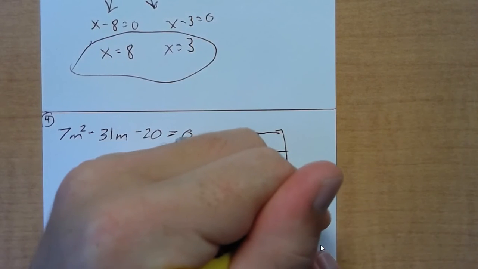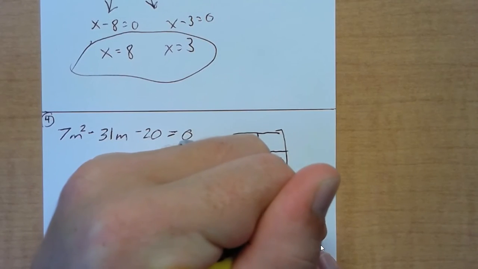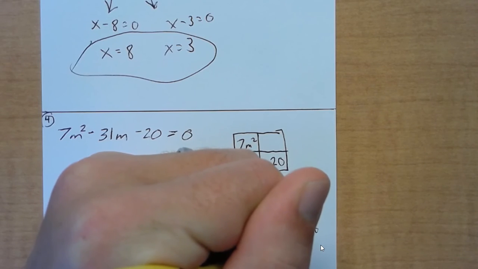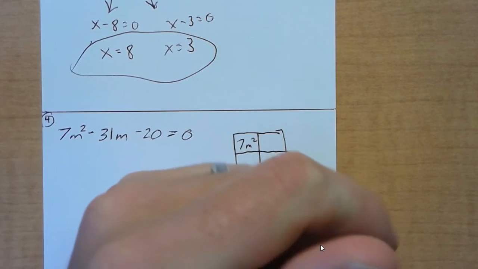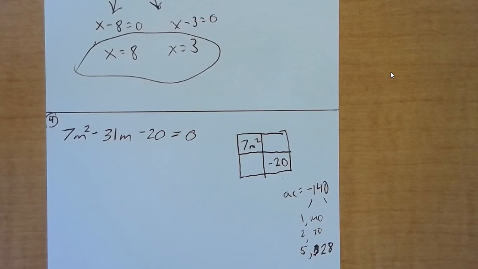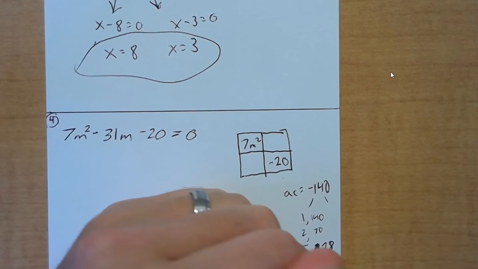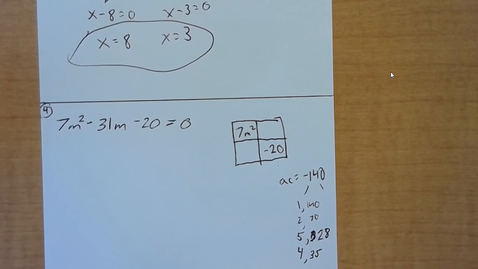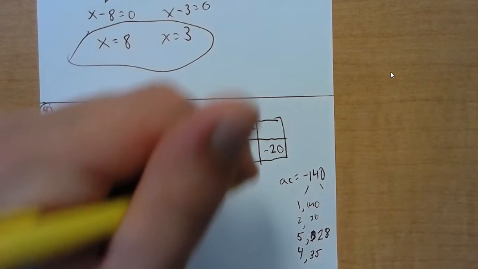So I'm just going to start listing some factors here. I forgot 4 and 35 are factors. So we're going to have a -35 and a +4.